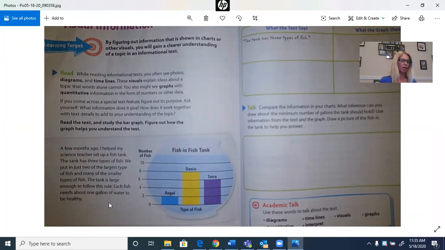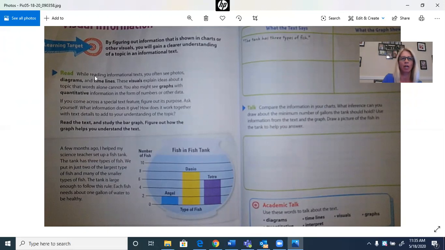So it'll give you visual elements that provide useful information that is related to the text but not mentioned within it. So it's going to give you information that might not be in the text, but it's going to be useful because it's going to help you figure out your understanding of what they're trying to tell you in that text. So we're also going to use our graph and then also our information to answer the questions on page 355.